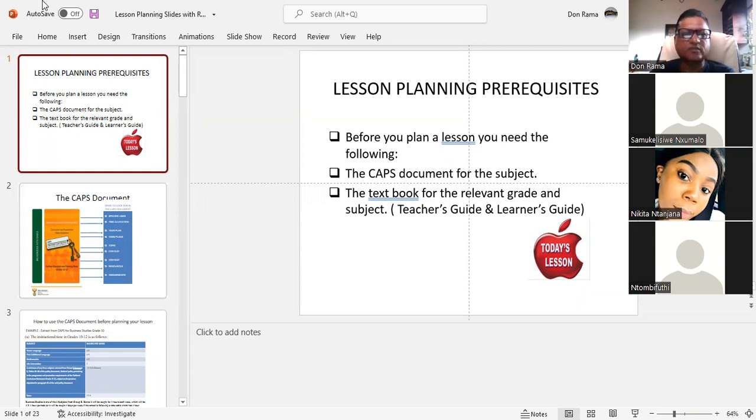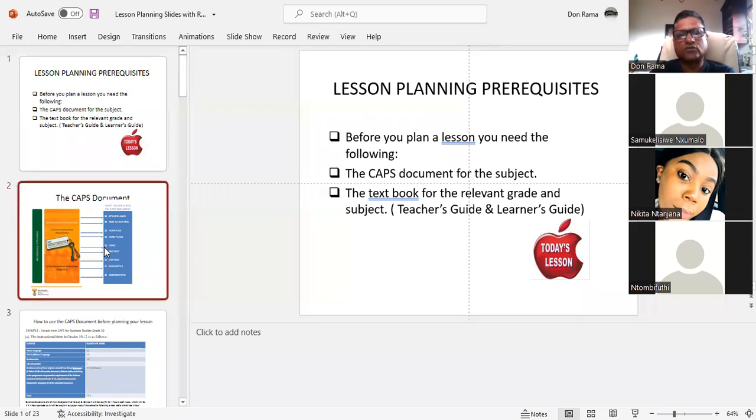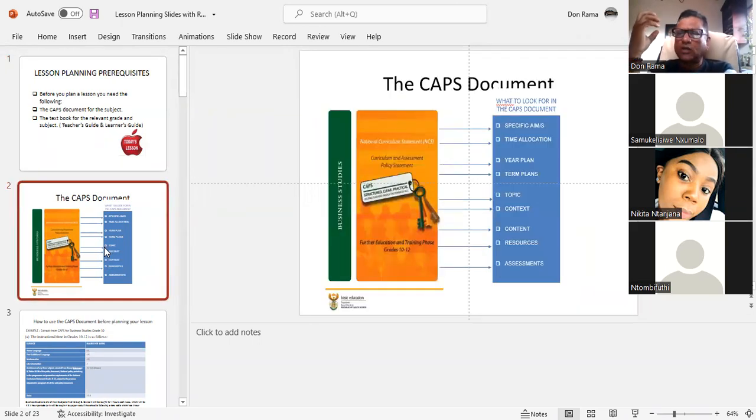The CAPS document has been structured to develop the topics over the phase of the grades, right? So you will find grade 10, 11, and 12. In those grades, there's one topic, but it develops over the years, right?